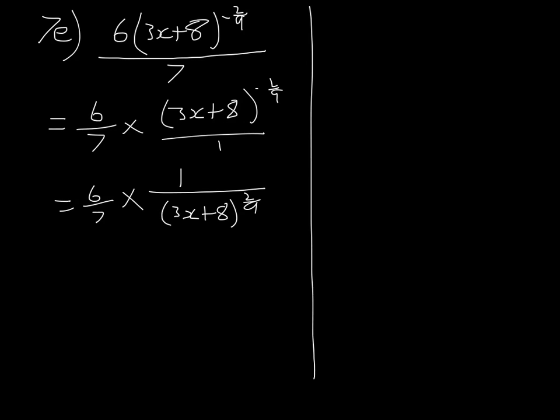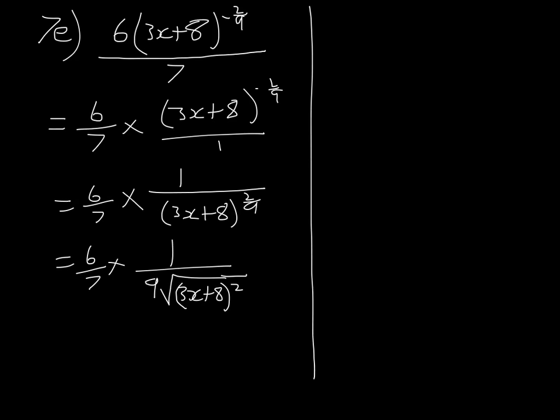Now what I'm going to do is deal with the fractional indice. So that's going to be 6 over 7 times 1 over. So we kick the bottom one across. That's the 9th root of 3x plus 8 all squared.